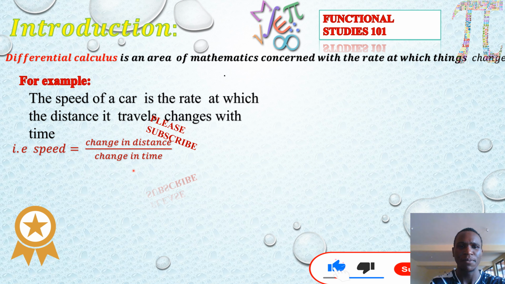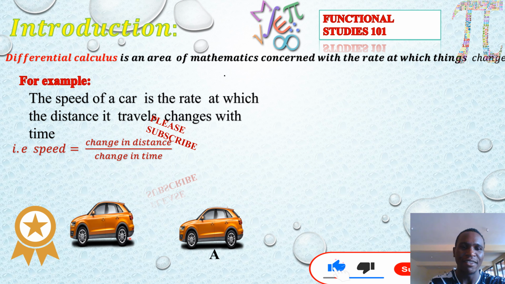Take note of it. If a car at the point A moves and arrives at a certain point B, as you can see here, and within this short duration of time it has covered a certain distance, we will call it delta x.